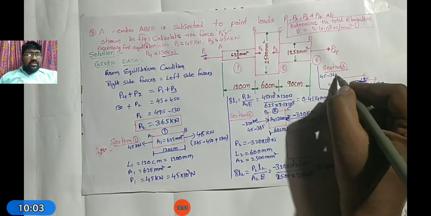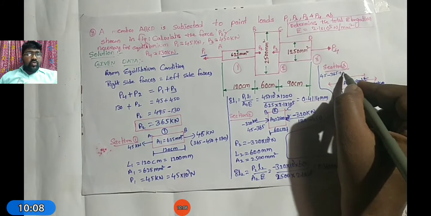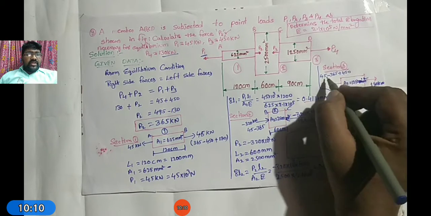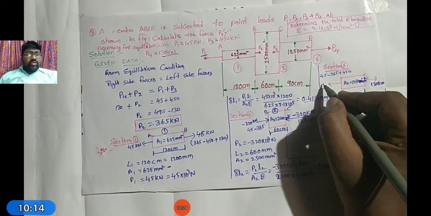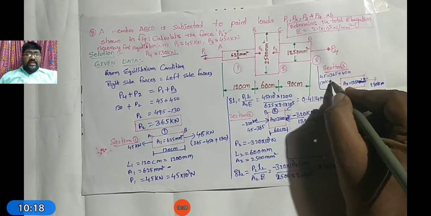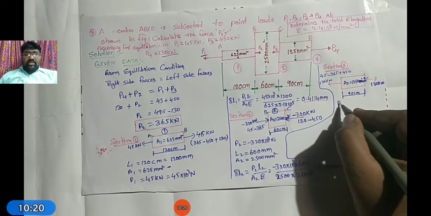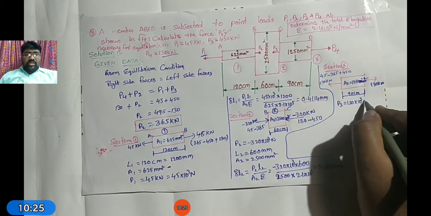Next, P3 is positive because it is tensile. P3 is 450. By simplifying this, we'll get 130 kilonewtons. It is the load acting on the third element, that is CD.